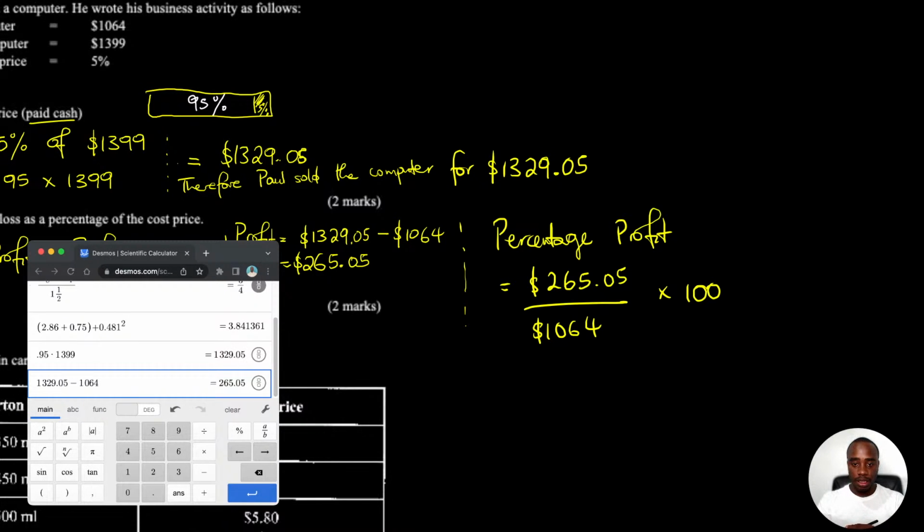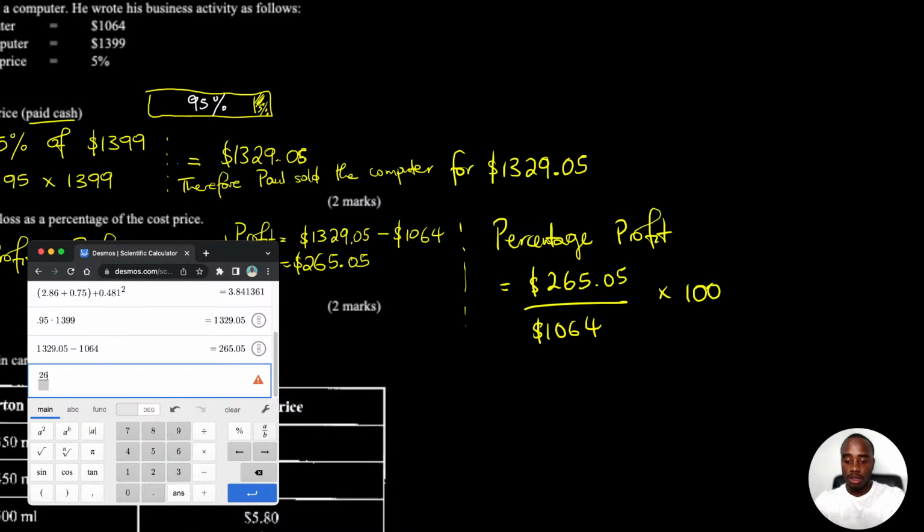And now when we put that in our calculator, that's 265.05 divided by 1,064. And from your estimation, you can kind of know what it's going to be as a percentage. Because when we multiply it by 100, we get 24.91 something. So we can say 24.9% basically. So that would be the percentage profit.